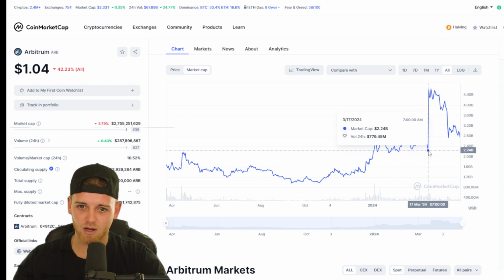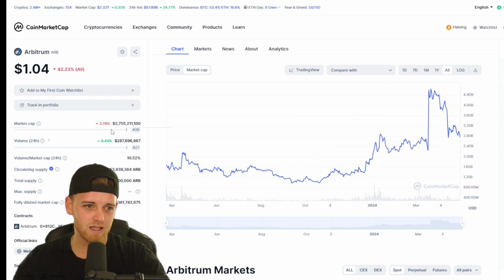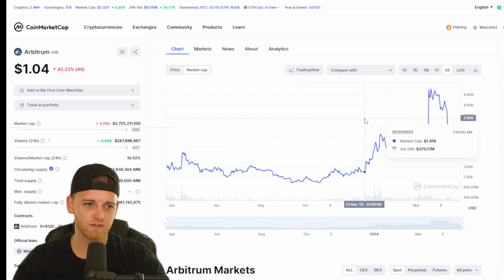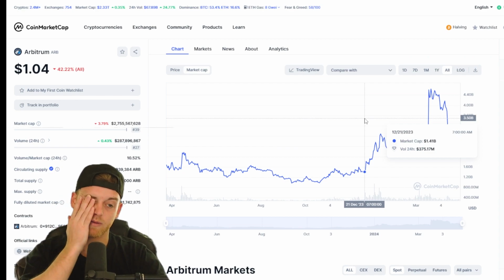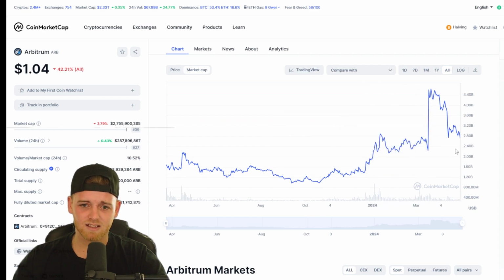You can actually see the market cap dip here to a low of around 2.15 billion, which would be a reduction of around, come on maths, around 30% there. And yeah, around 30% you can see this asset dip, and that would mean a bounce from the higher low from that point.